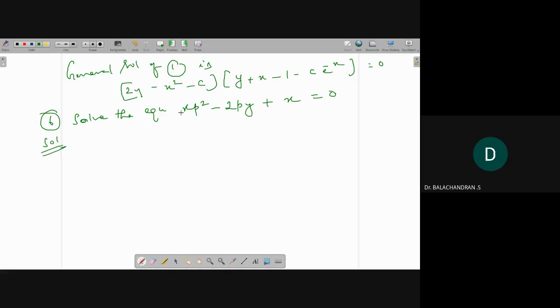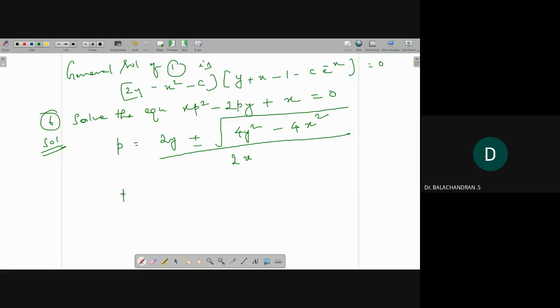So this is a quadratic in p. So p equals minus b, so 2y, plus or minus root of b square minus 4ac. A is x, C is x. So divided by 2a.